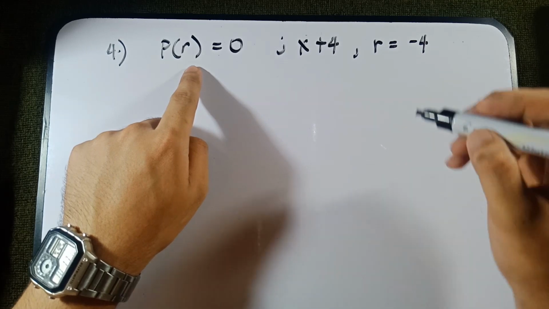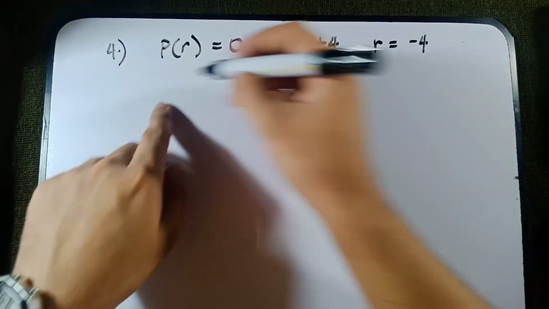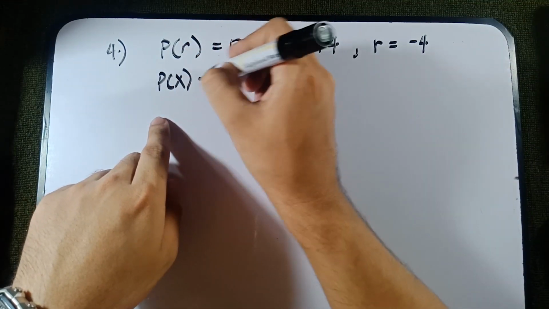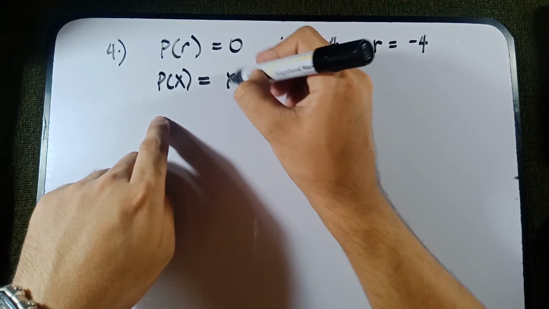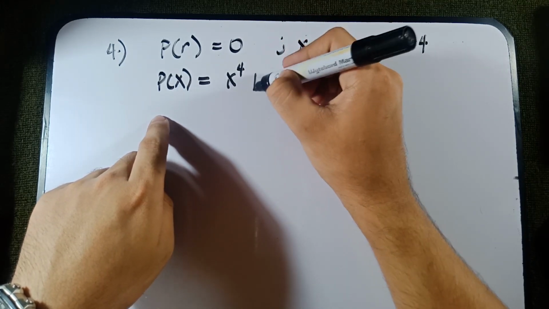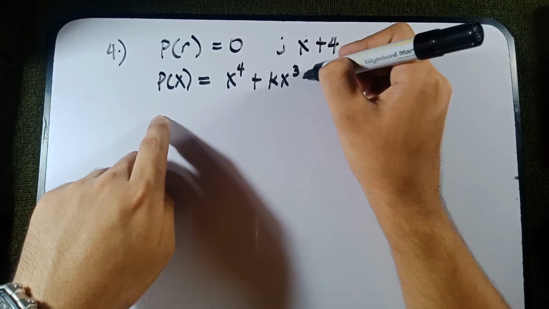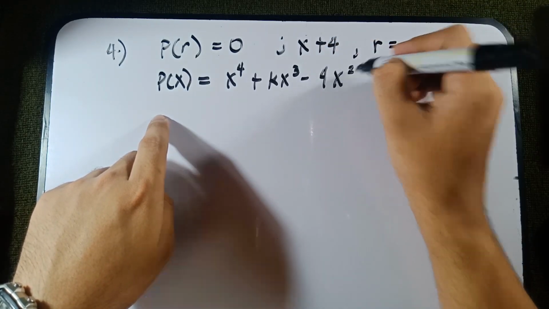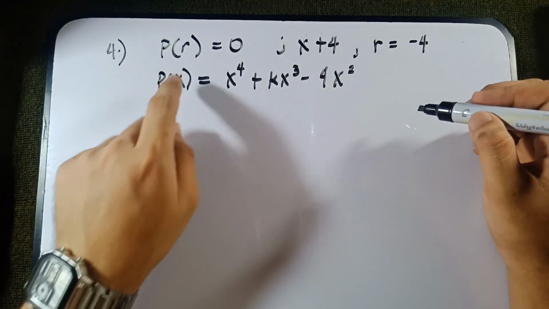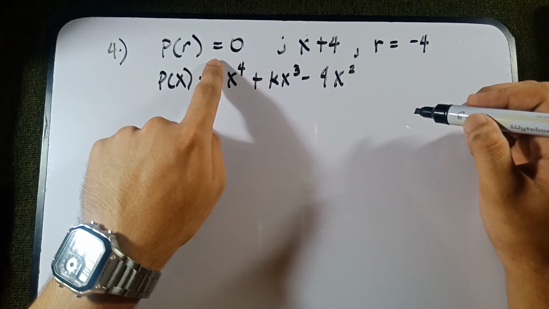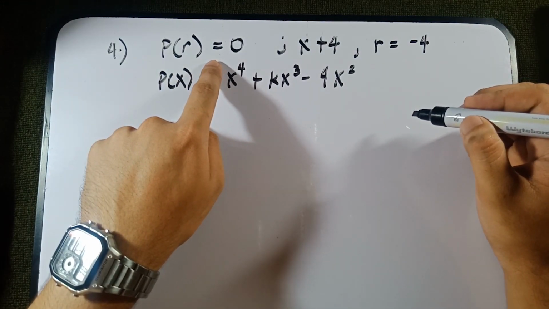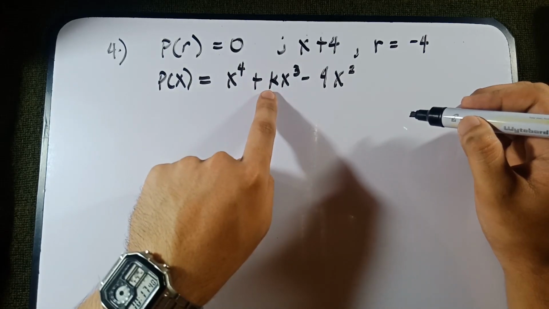Ano nga ulit yung ating P of X? Yung P of X natin given is x raised to 4 plus kx cubed minus 4x squared. Right? So, P of R daw ay 0. Tapos, kukunin natin yung value ng k.